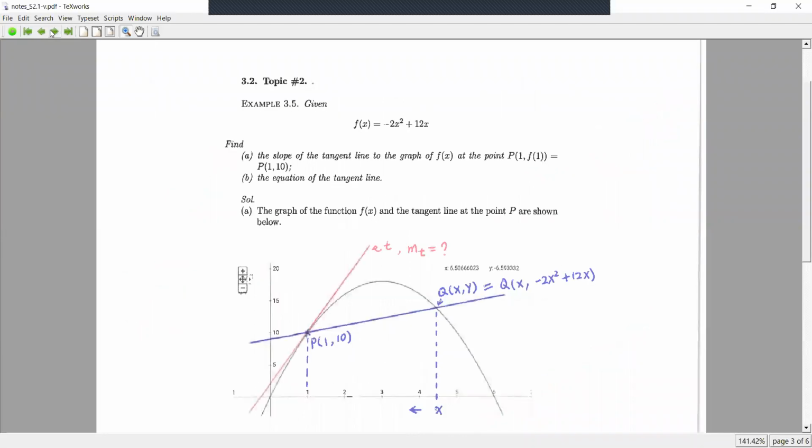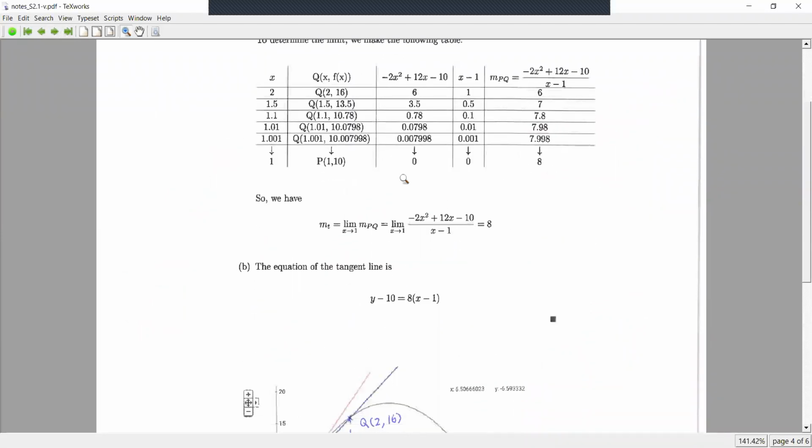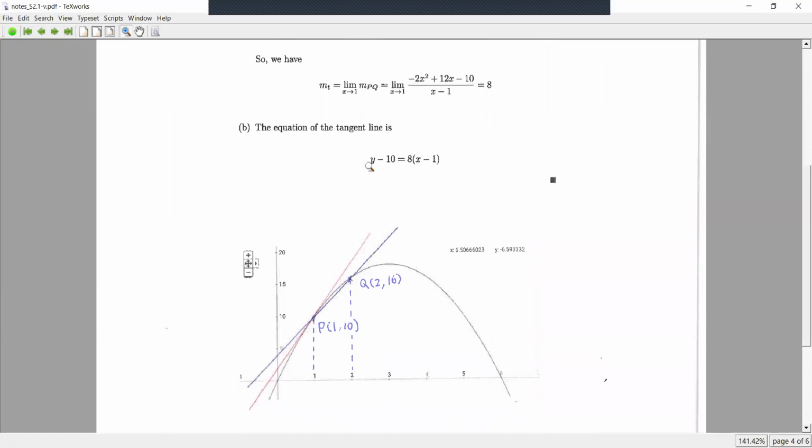The answer is here. y minus y1, y1 is 10, is equal to slope. The slope of the tangent line is 8. Parenthesis x minus x1. x1 is 1. So this is the equation of the tangent line, the red line.